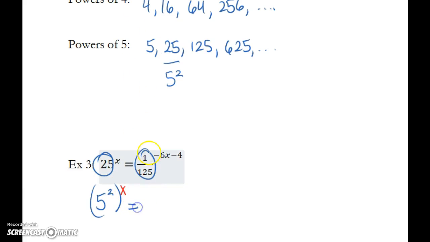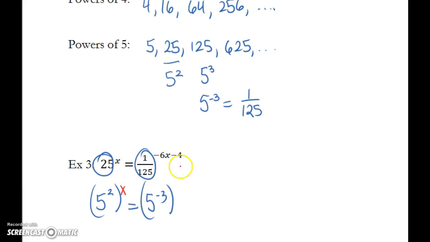And now let's consider 1 over 125. We know that 5 to the third is 125. But this is a reciprocal of 125. Negative exponents allow us to flip. So 5 to the negative third becomes 1 over 125. So we're going to rewrite 1 over 125 as 5 to the negative third power.